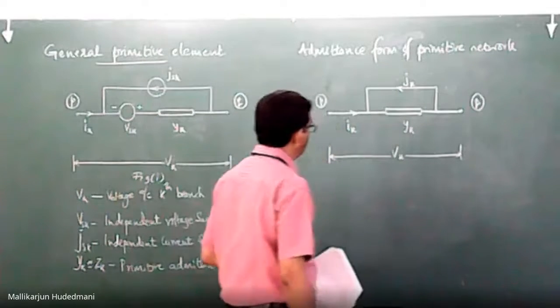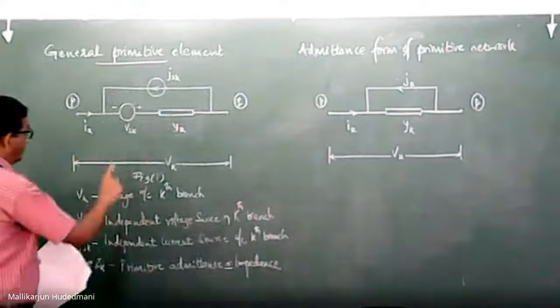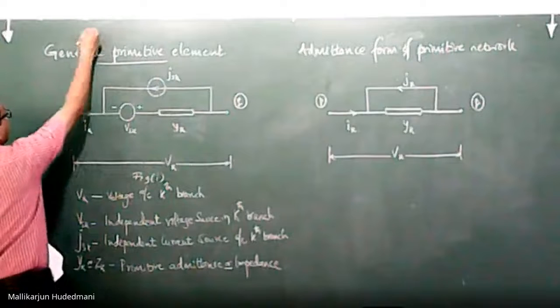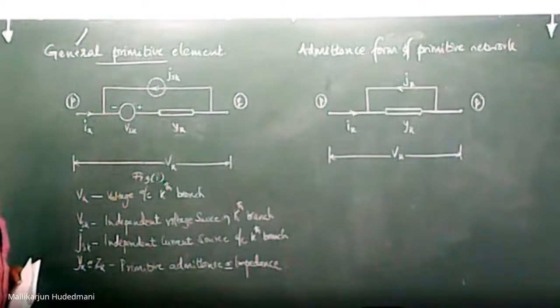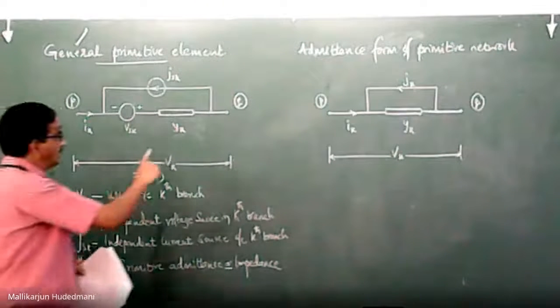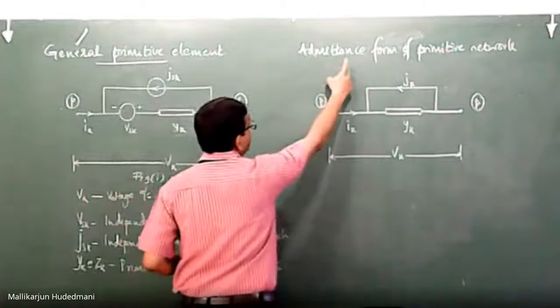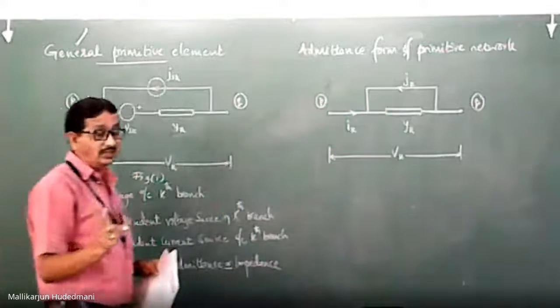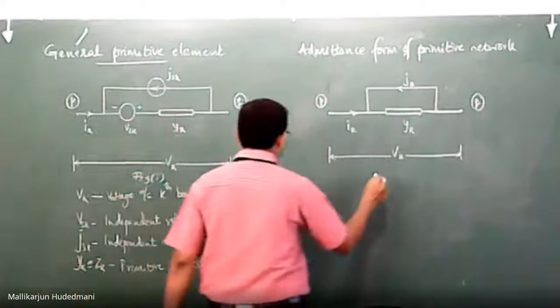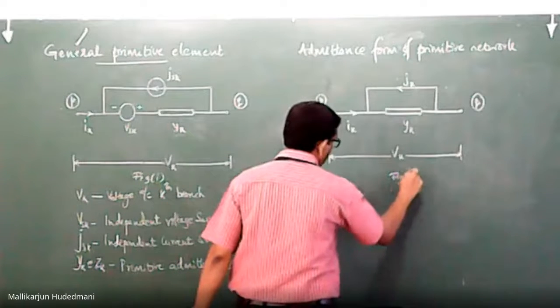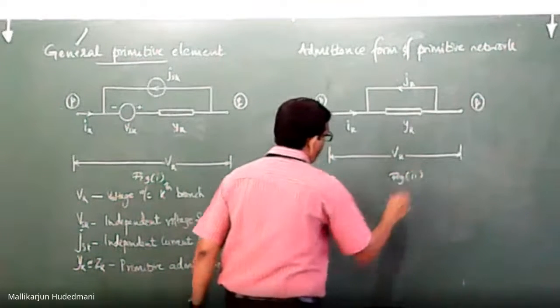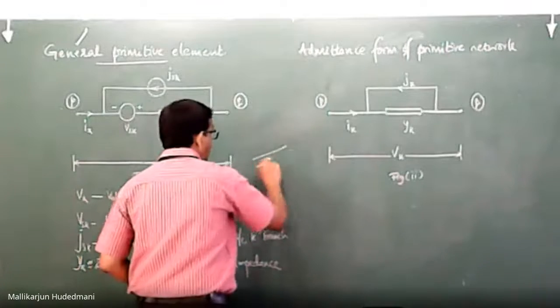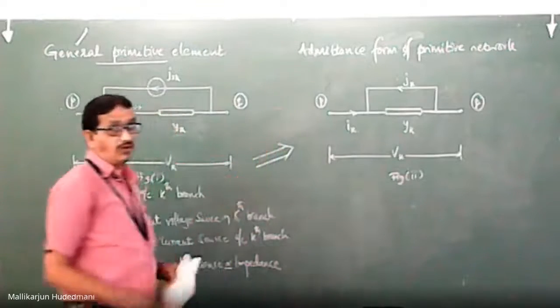Can you see here? This network, which is general, now it is observed as admittance form only. Then I have this as figure 2 for our observation. This is called representing this into admittance form.